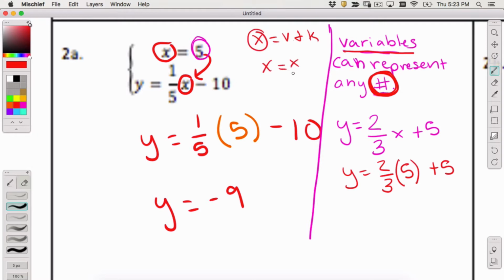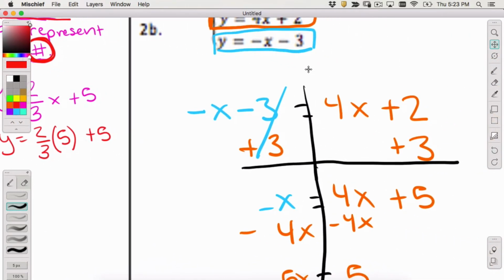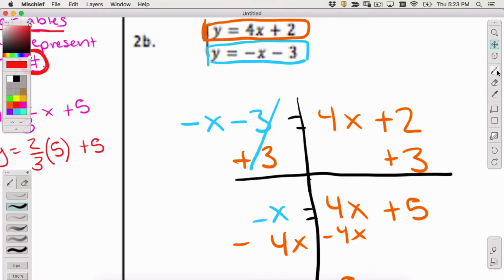X equals X. 5 equals 5. These are true statements. This is not. Not true. True. Yes, smiley face. We like this. We don't like this.